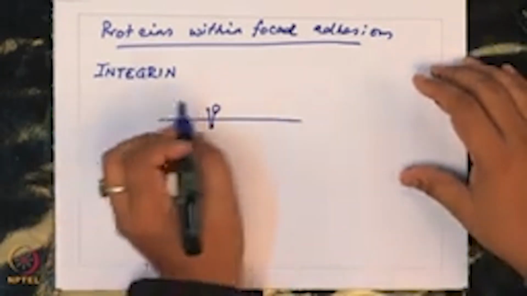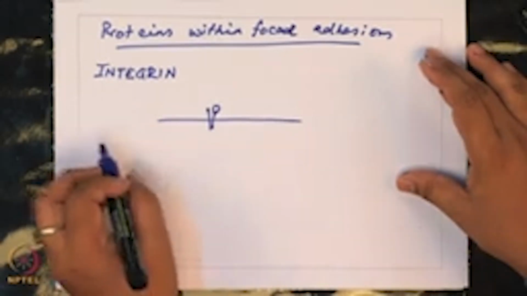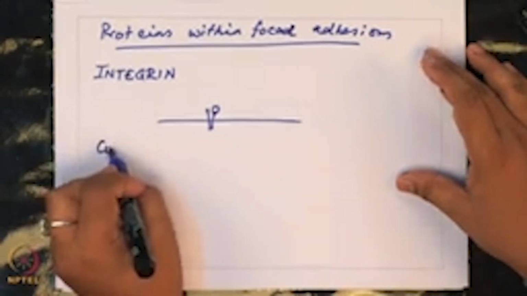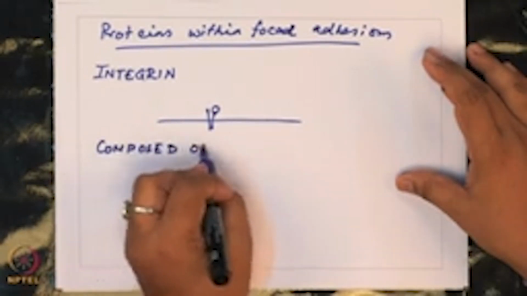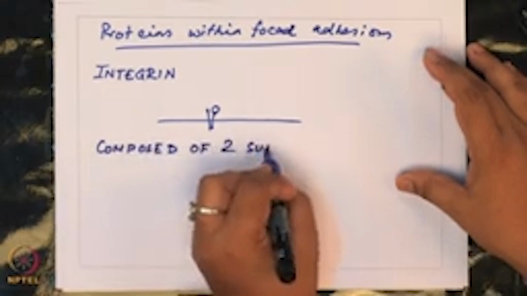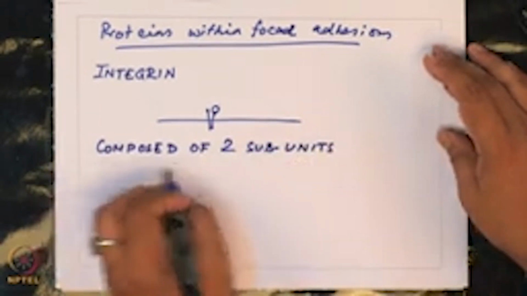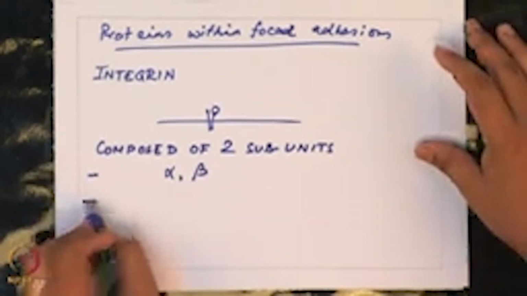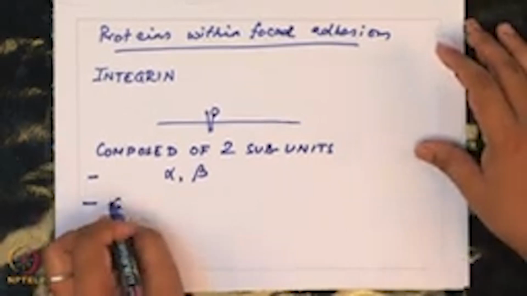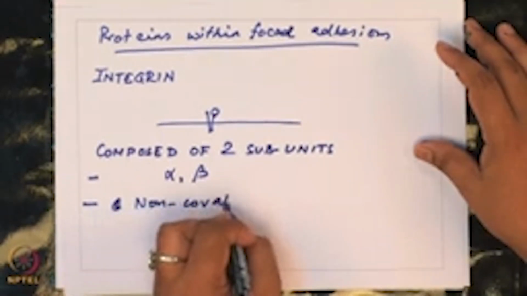So, you have an integrin. Integrin is composed of two subunits. So, these are alpha and beta, and these subunits are non-covalently linked.